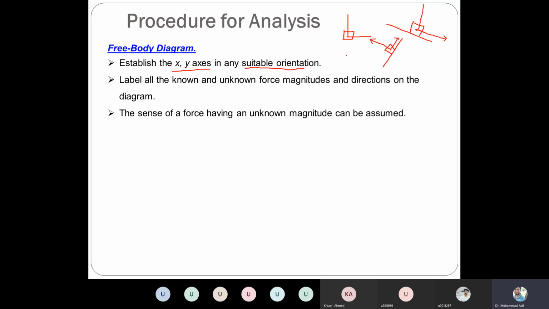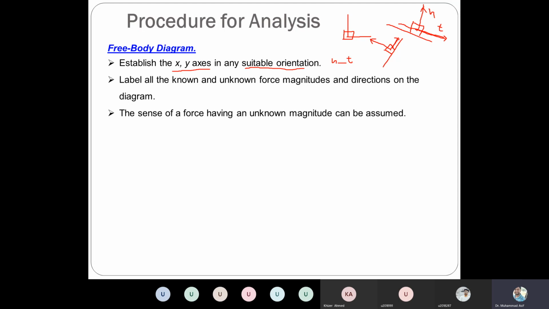Now, sometimes instead of choosing the x axis or y axis, we may choose the normal and tangential axes. We call it NT, normal and tangential axes. The tangential axis is always along the axis of the body. For example, this is along the axis of the body. So instead of choosing the x axis, sometimes we may choose the tangent axis, and perpendicular to that tangent axis we call the normal axis.